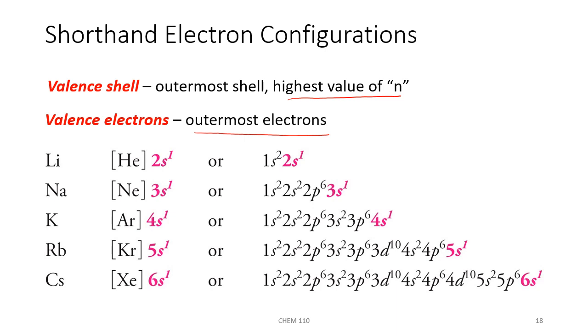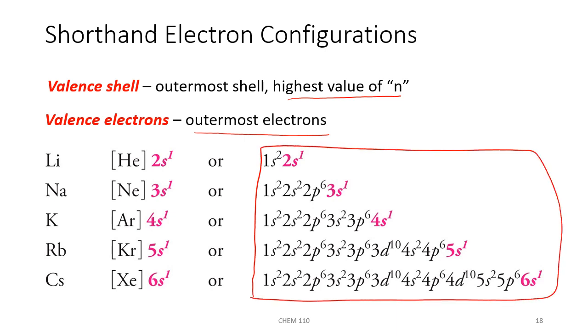So if we look at some of these configurations and compare the longhand configuration, which is written on the right hand side, to the shorthand noble gas core method, we have lithium, and that would be 1s2, 2s1. So helium would be the preceding noble gas. We would write that in brackets.